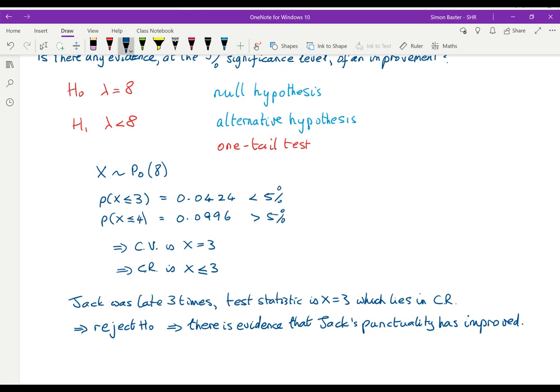Copy out the question. A full conclusion is always needed.